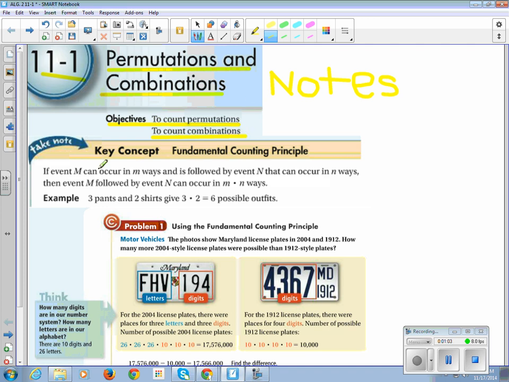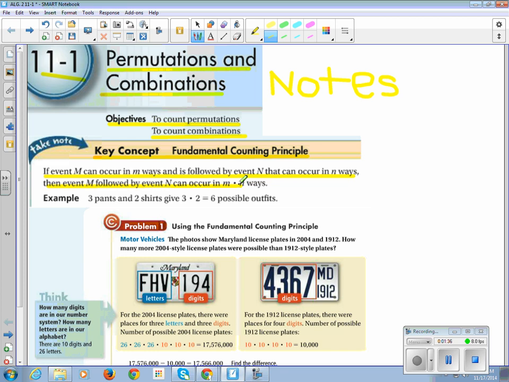Alright, so we're going to talk about the fundamental counting principle. If an event M can occur in M ways and is followed by event capital N that can occur in N ways, then event M followed by event N can occur in the product of M times N ways.